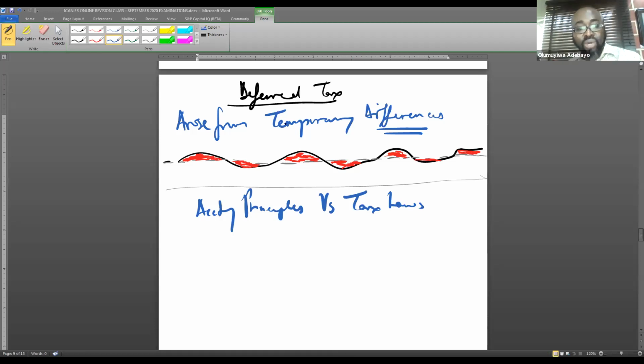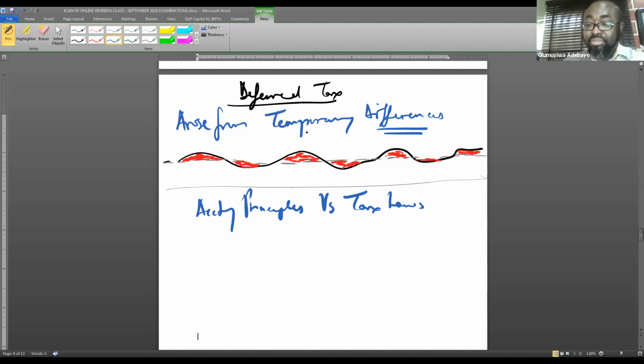Now, one thing is for us to know how short it is, when it originates, and when it's likely going to reverse so that we can be on a common ground. And what brought about those differences. Those are the concerns we need to have in order to appreciate deferred tax.